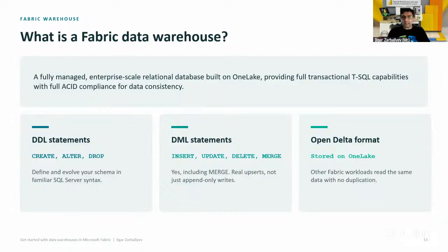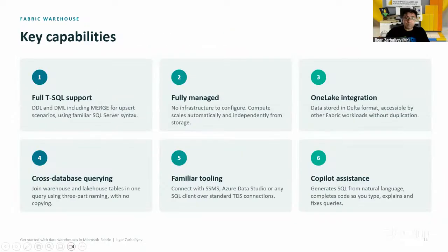Put those together and you get something quite unusual: the familiarity and transactional strengths of a relational database on top of open lake storage, with no data movement between workloads.